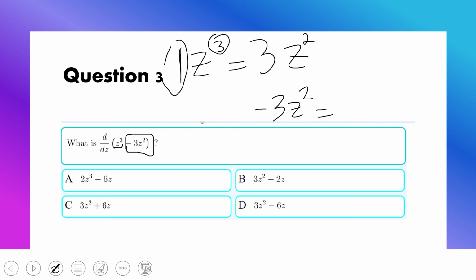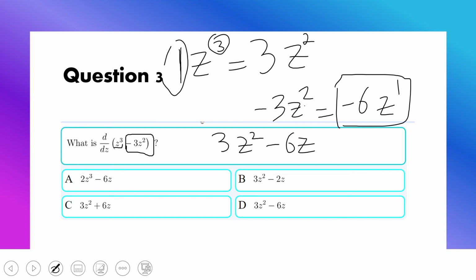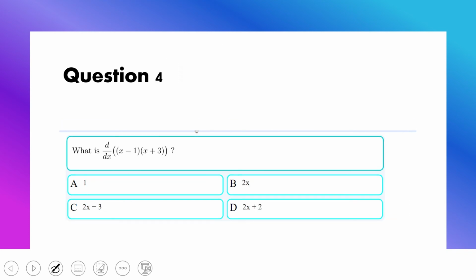So negative 3 times 2 is negative 6, and then z to the power of 2 minus 1, which is just 1. So that is that. Now you just combine them together. So if I join them together, it'll be 3z squared minus 6z, right? So which option is that? It's definitely not this option. Definitely not this option. It's option D, right? It's pretty simple. Let's get into the next one.